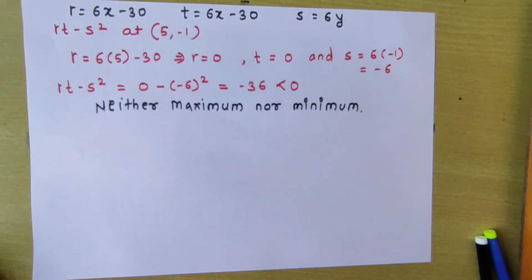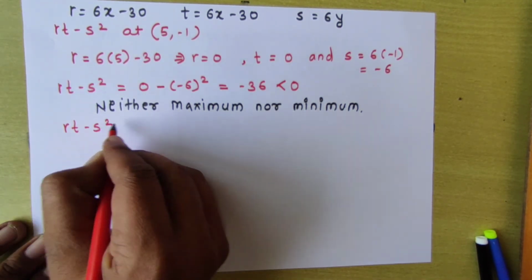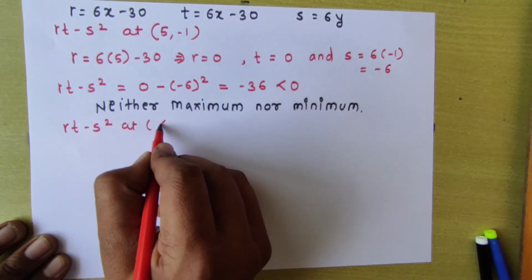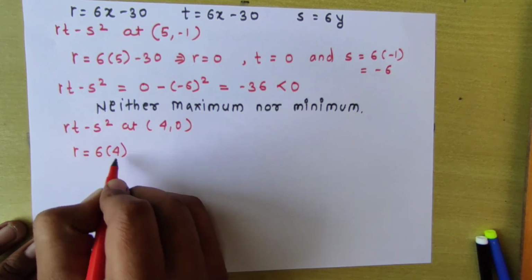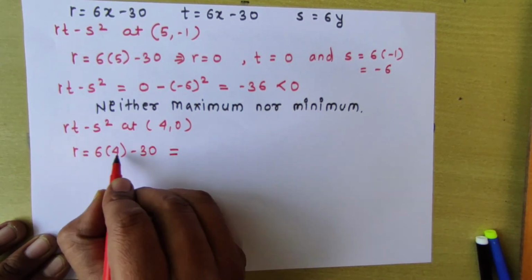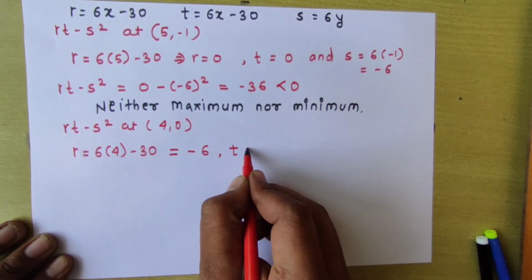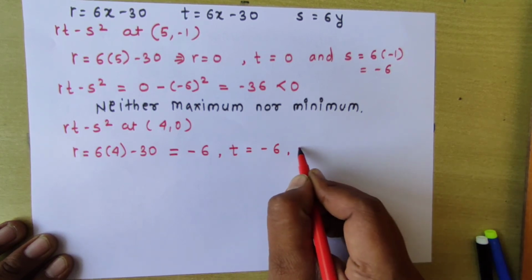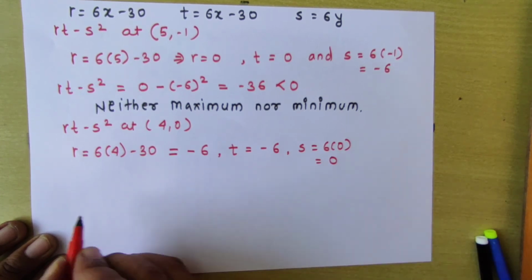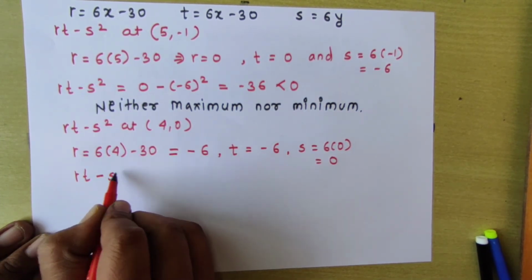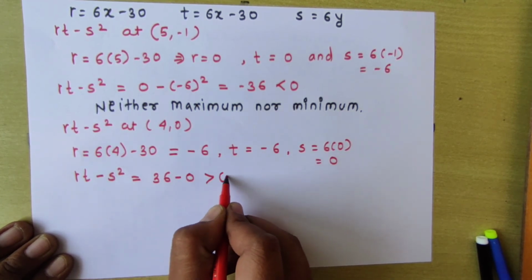Now we try to find out the value for the next point, that is rt - s² at (4, 0). So we get r is equal to 6 into 4 - 30, that is equal to 24 - 30, which is -6. The same value we will get for t, -6. s is equal to 6 into 0, that is equal to 0. So rt - s² is equal to 36 - 0, which is positive.